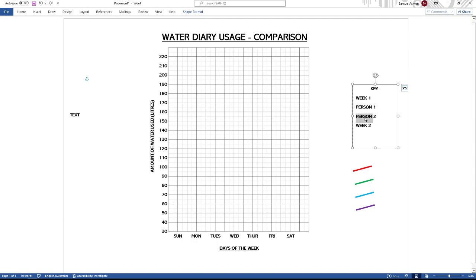There you go. And then week 2 is going to be person 1, person 2. Jeez, I can't type today. Just like that. Now, in my data set, I'll just get rid of that. Mouse doesn't want to work today.